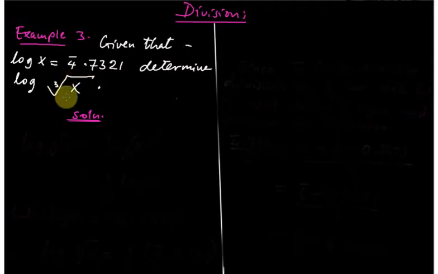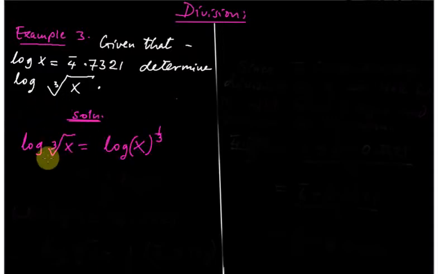First of all, we have to rewrite this by observing the laws: the logarithm of the cube root of x. The logarithm of the cube root of x can be written as the logarithm of x raised to 1 over 3, because cube root means 1 over 3.